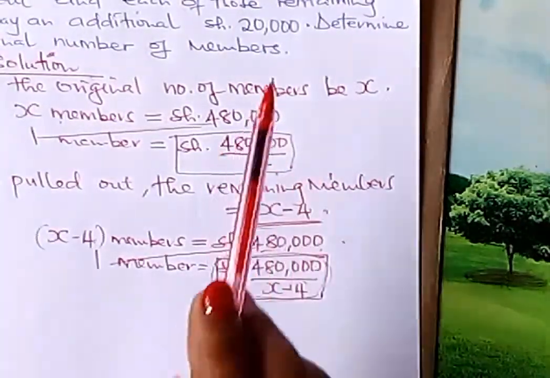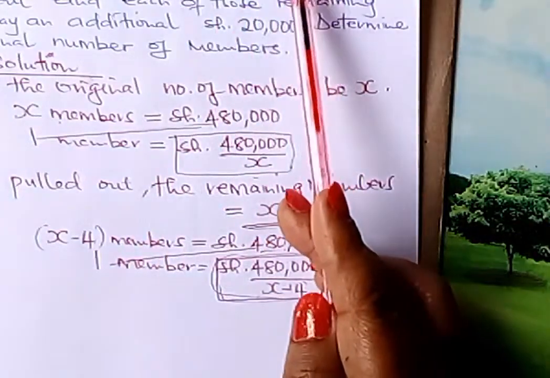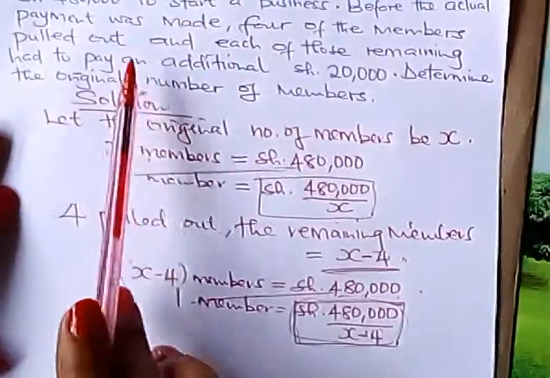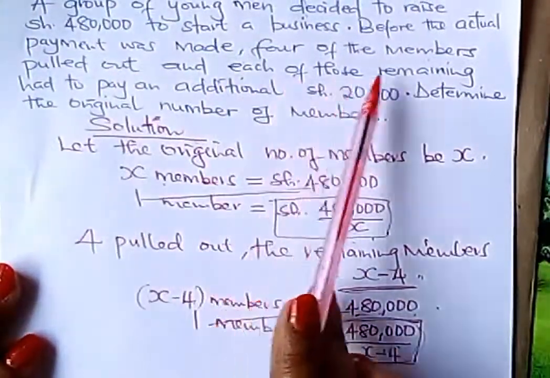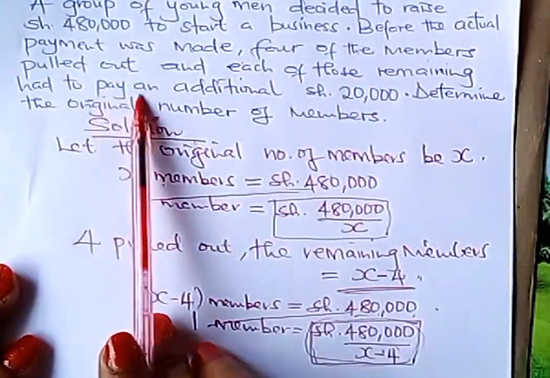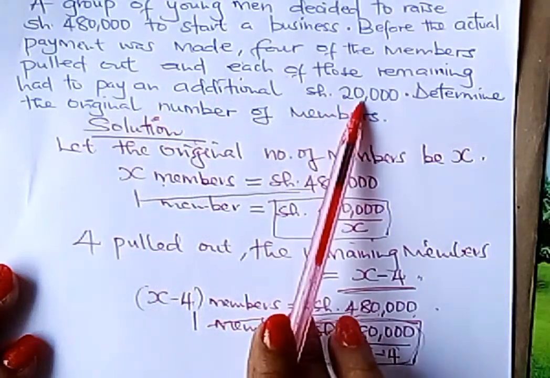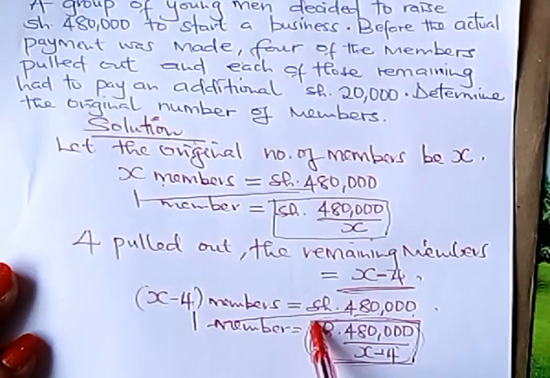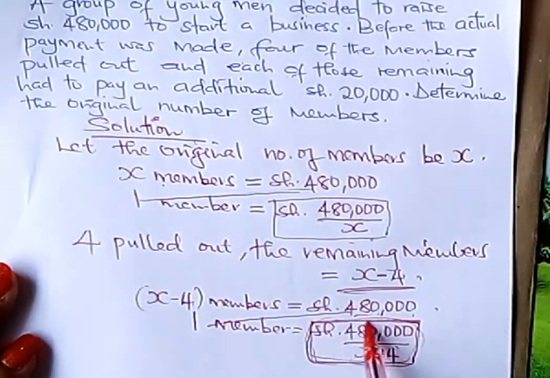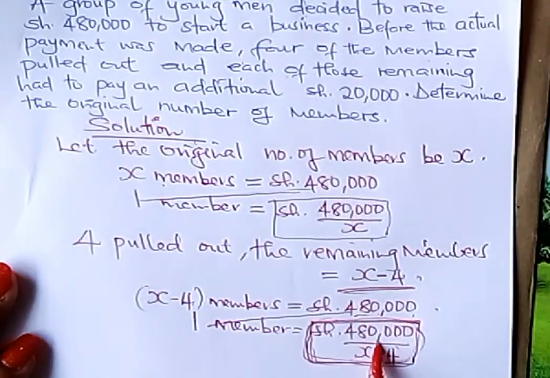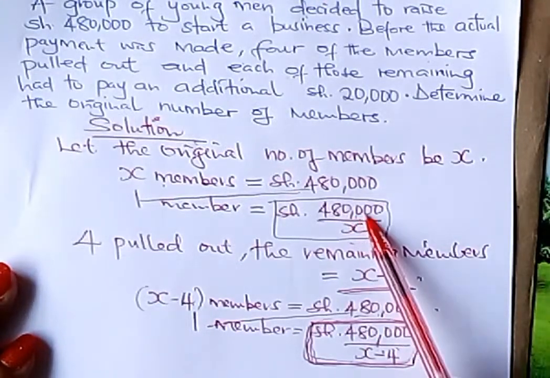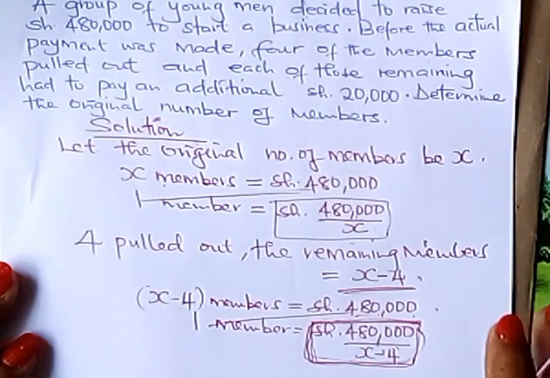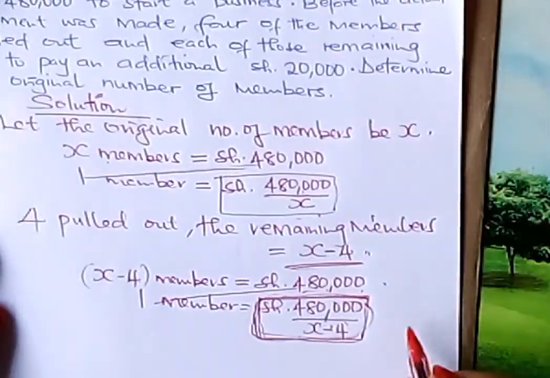And therefore, let us go through it again. Before the actual payment was made, 4 of the members pulled out. And each of those remaining had to pay an additional shillings 20,000. So we have said that this time round, each member will contribute more than this here. And we are told that this member now is contributing 20,000 more shillings.